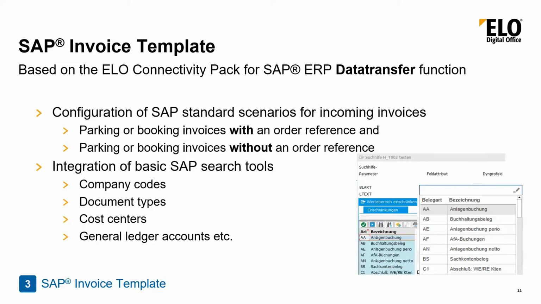So what that means is that, for example, fields that the user has to fill, like accounting assignments, for example, GL accounts or cost centers, or document types, are all integrated into SAP Search Help in this template. So there's dynamic keyword lists. If the user in ELO enters something in a field that is connected to an SAP Search Help, it will automatically give you results from the Search Help for the user to find the corresponding entry that they need.